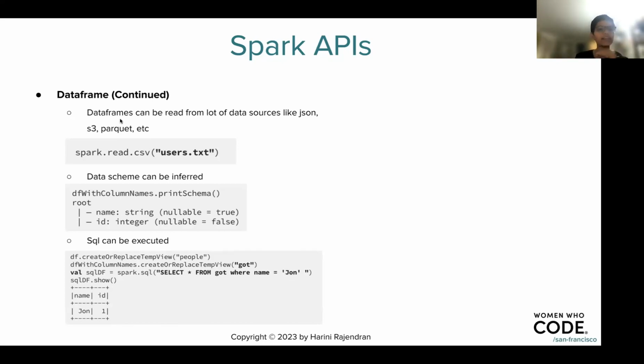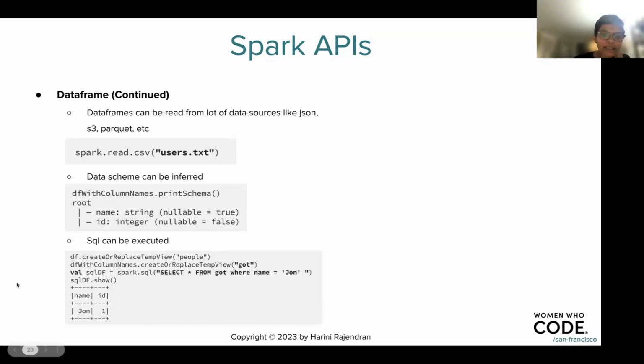You can read Parquet files, which is another file format like JSON, and create data frames from that. Since this is more structured data, you can do data frame dot print schema, and it would print the schema of the data frame. Here we had name, which is a string, and ID, which is an integer. So you can look at the schema of the data frame.